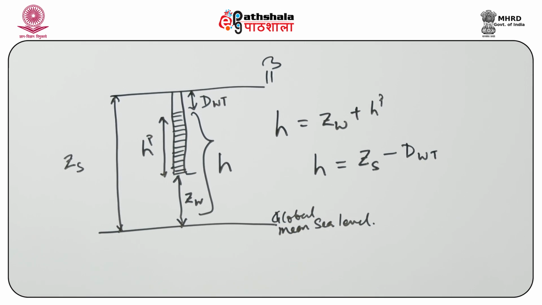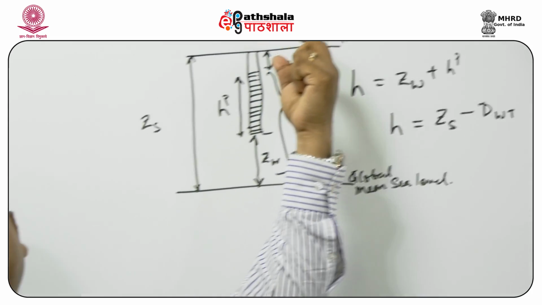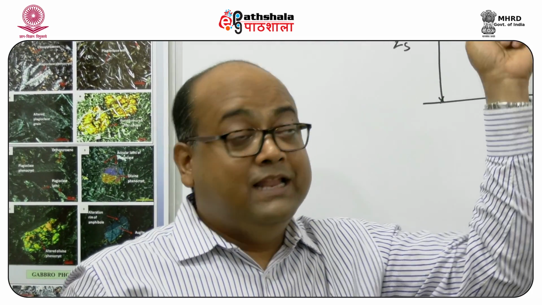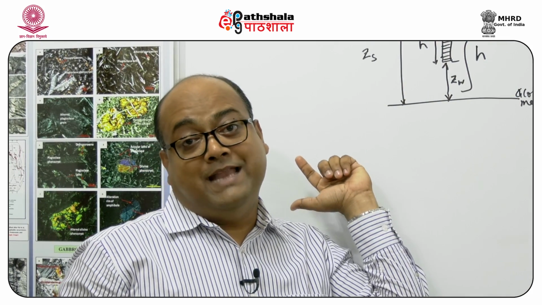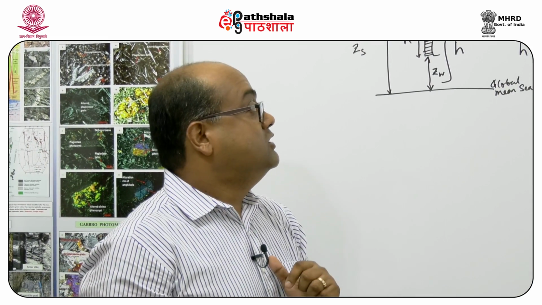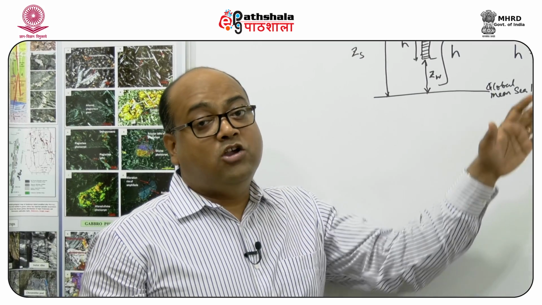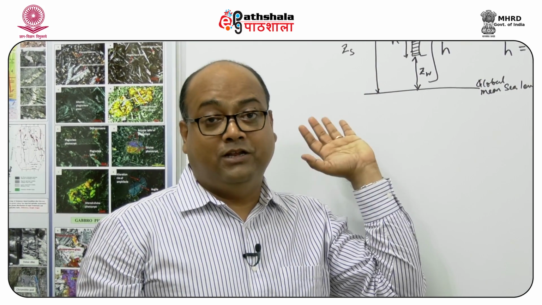So if I know the elevation of the surface and the depth of the water in the well, we can subtract that, and finally, as you can see from the diagram, we get the value of H, which is basically the hydraulic head. This is one very common way to measure the hydraulic head of a particular area.